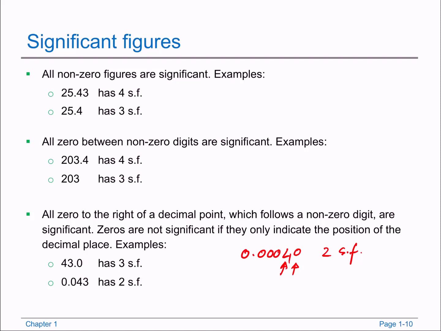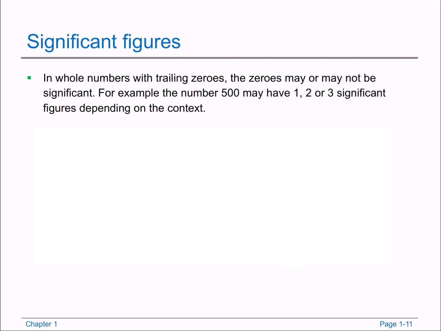The last 0 is significant because this 0 is to the right of a decimal point and it follows a non-zero digit, which is this number 4 here. Whereas these 4 zeros here are not significant because they are only there to indicate the position of the decimal place.